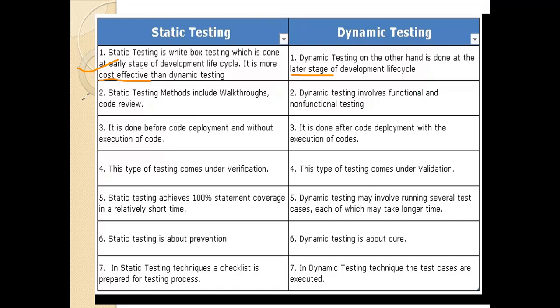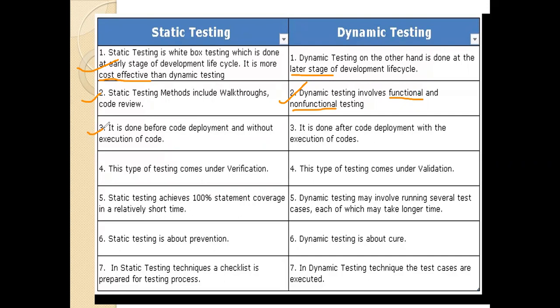Again, static testing methods include walkthroughs, code reviews, etc. And dynamic testing involves functional and non-functional testing. What is functional and what is non-functional, we are going to see in coming bits. Then next, static testing is done before the code deployment and without execution of the code.